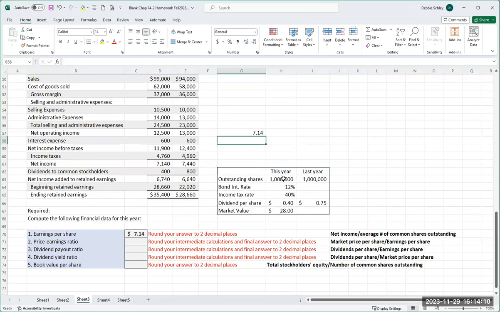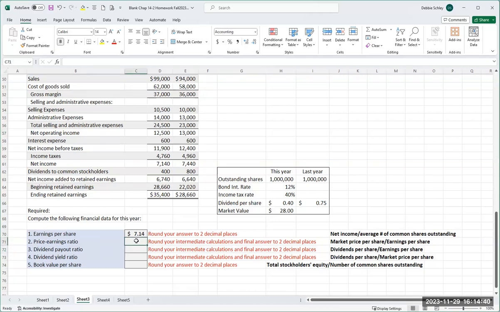So again, either you need to take 3 zeros off of your outstanding shares or add 3 zeros to your net income to come up with the earnings per share. And watch out for that on the exams as well. When they're talking about numbers, you've got to make sure if they've taken zeros off of your dollar amounts, then you've got to also adjust your number of shares so that it comes up with the right answers.